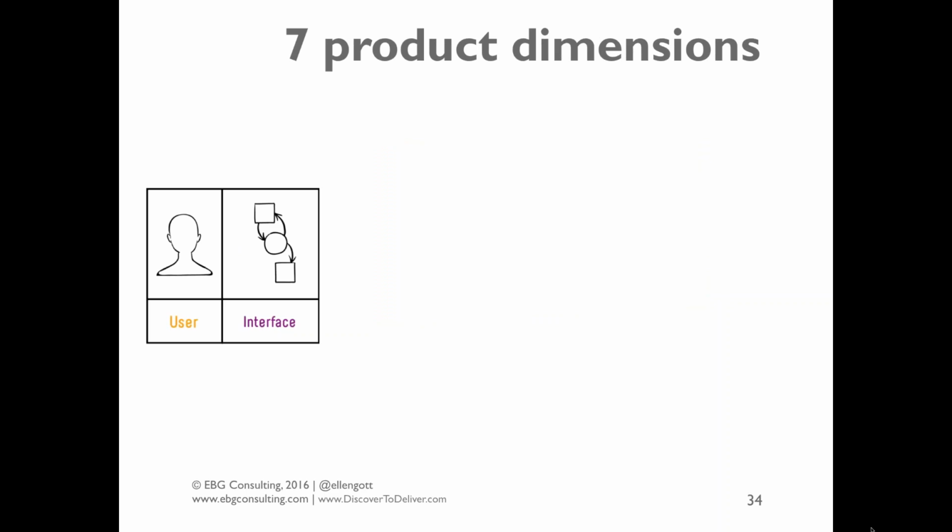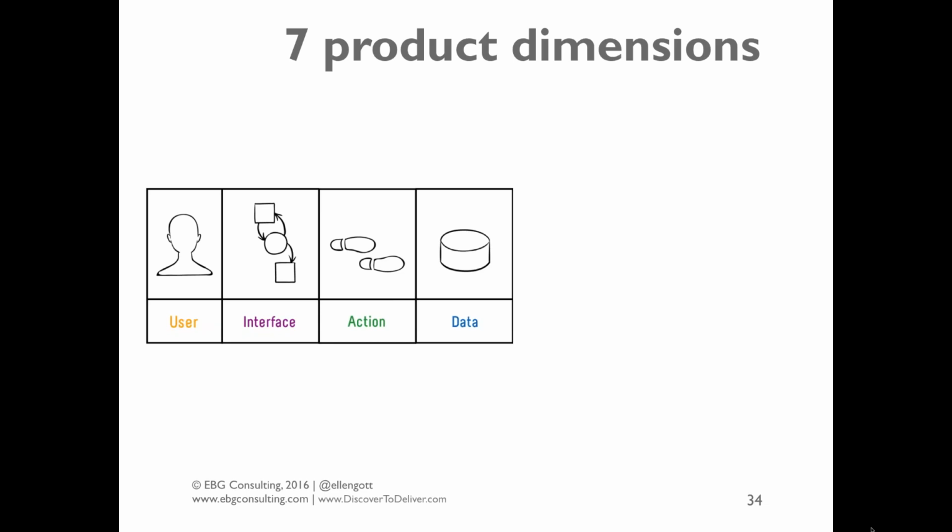The 7 dimensions are as follows. The user dimension is the people, systems, and devices that interact with the product. The product connects to those users through interfaces, so that's our interface dimension. The action dimension is the capabilities offered to users.